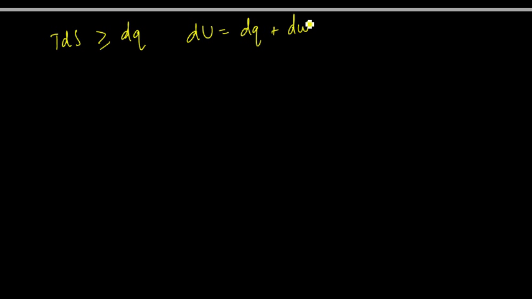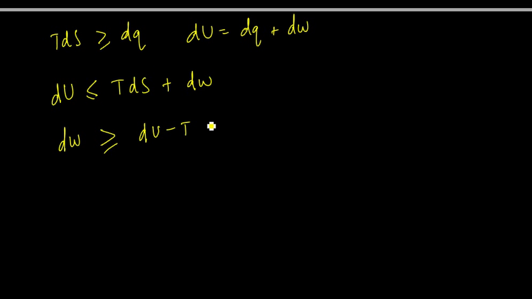And then if I substitute the second law over here, then what I get is du is less than or equal to TdS plus dW, right? Or if I just switch it over to the other side, dW is greater than or equal to du minus TdS.